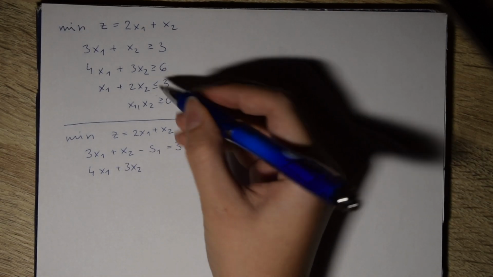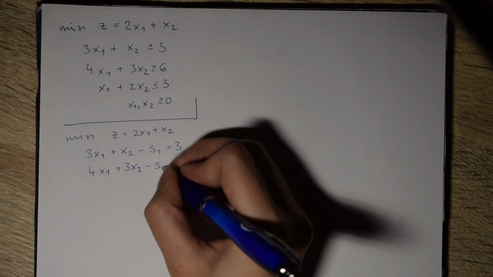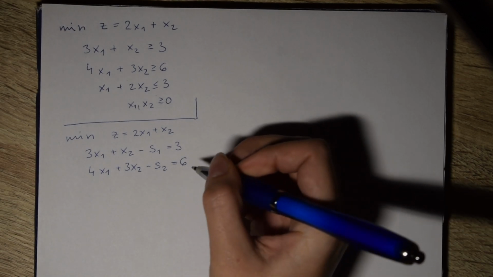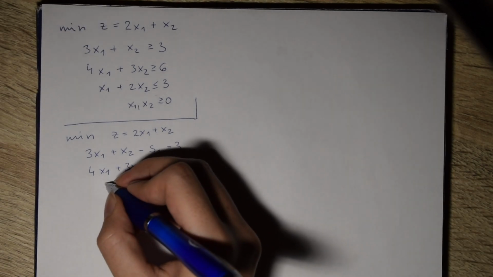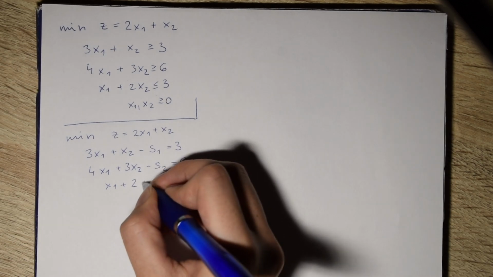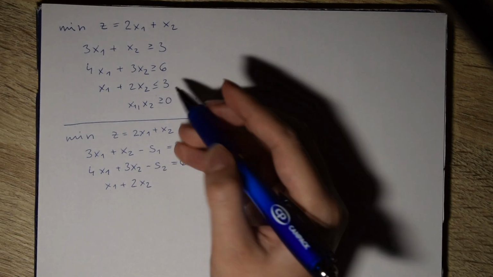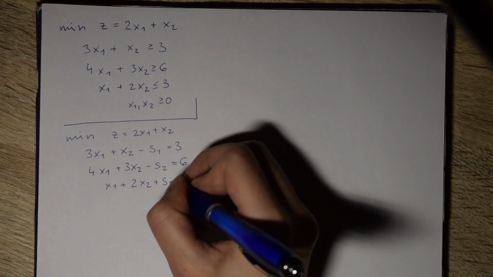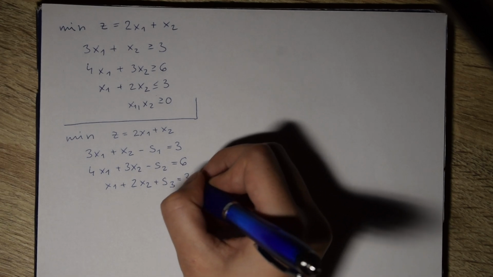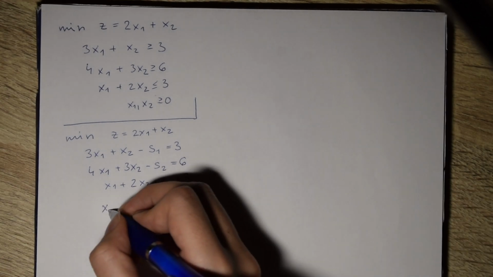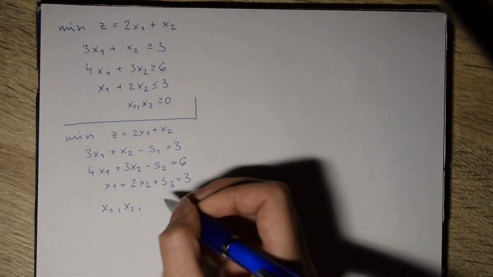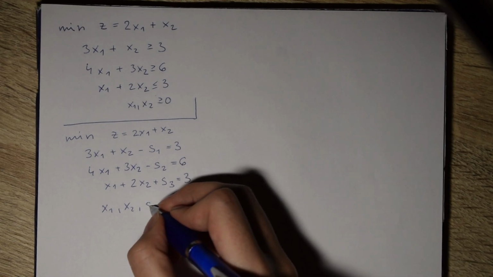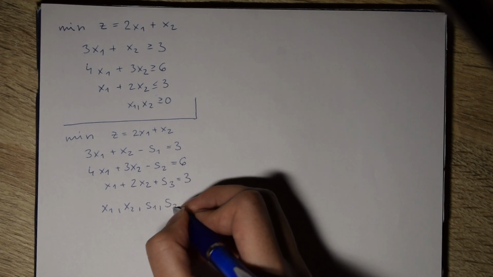Same in the second condition. In the third condition is less than or equal, so we add variable s3. x1, x2, and temporary variables s1, s2 and s3 must be greater than or equal to 0.